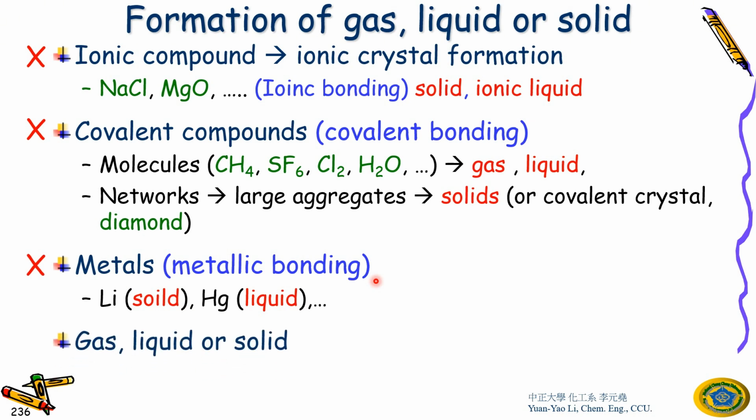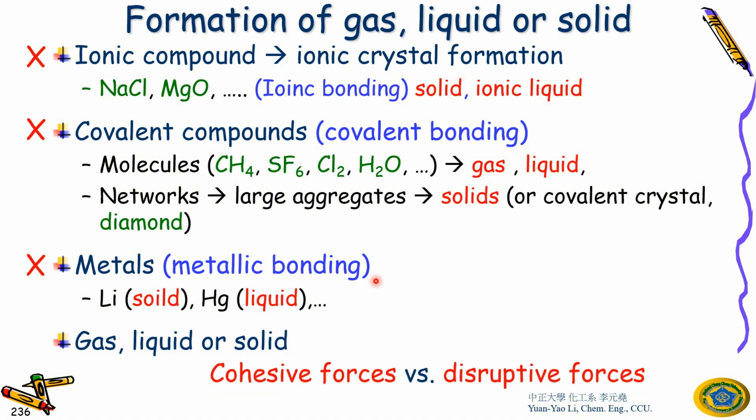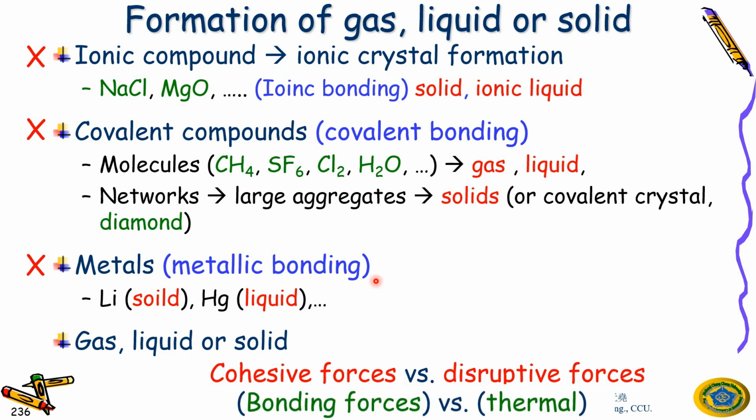So how can you explain the formation of gas, liquid, or solid? In this case, we use cohesive forces against destructive forces. This is in terms of force. However, in terms of energy, you will use the bonding energy versus the thermal energy. We use this way to explain the formation of a gas, liquid, or solid.